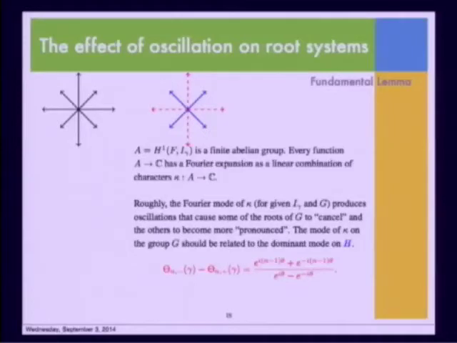So this is very, very vague at this point, not precise at all, but the rough idea is that you get different Fourier modes for each of these characters, and when you have a particular root system, when you take these particular linear combinations that you get by this character kappa, this little finite abelian group, you get oscillations that are going to cause certain of the roots to become more pronounced and certain of the roots to sort of disappear.